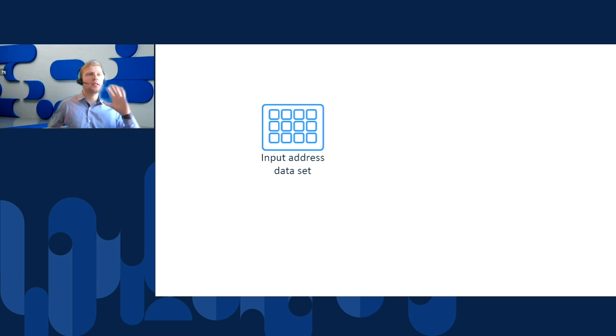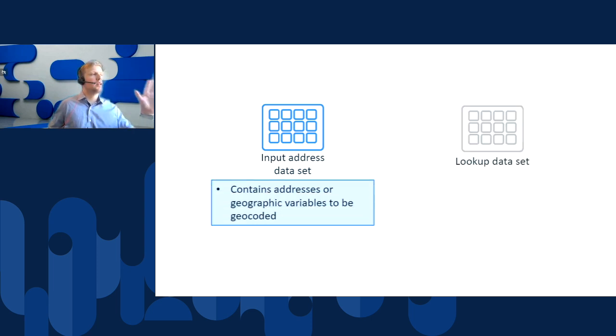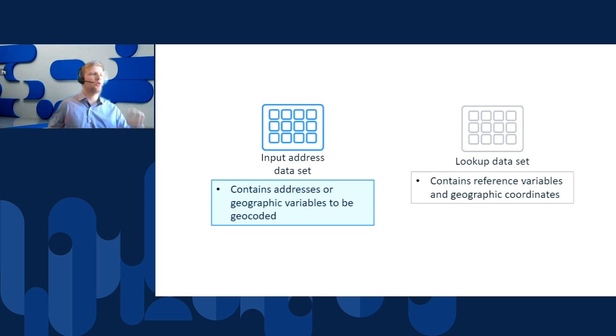And then we need some sort of lookup data set that contains reference variables and geographic coordinates that we can use to match locations to addresses in our input data set. And we'll see as we go through this, there are some lookup data sets that might be included with SAS and some that we have to go elsewhere to create.